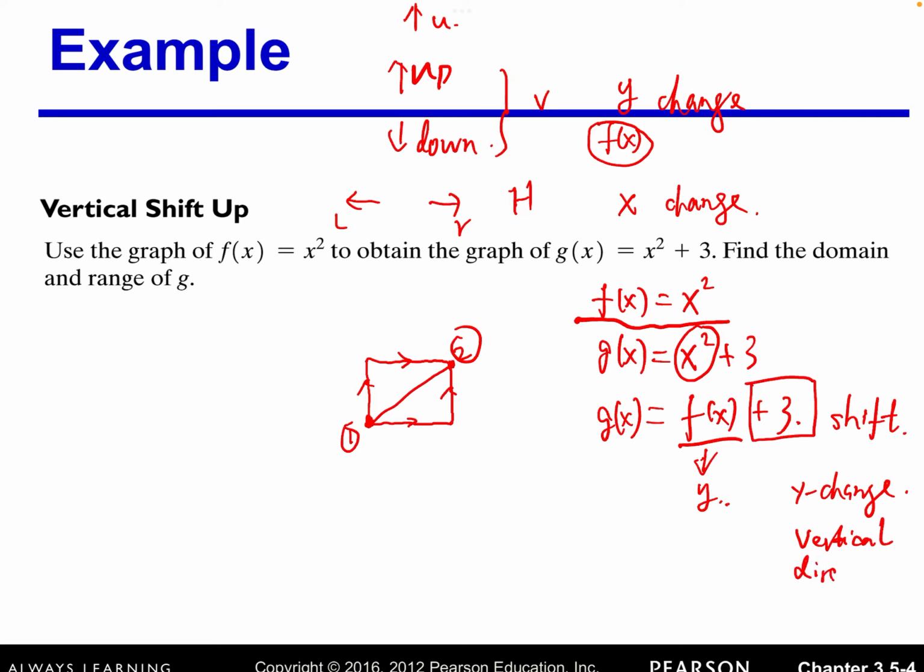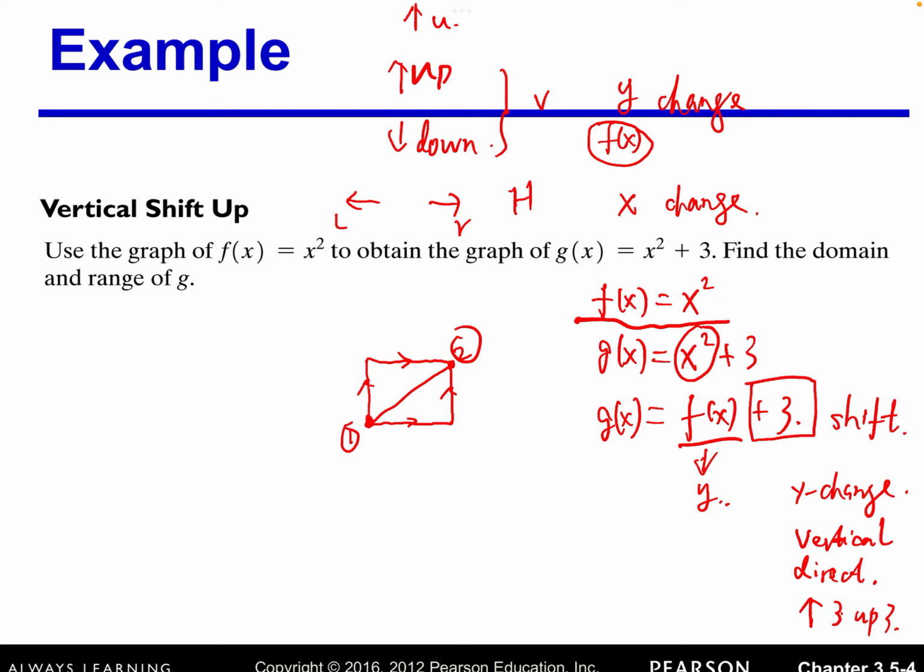It's a vertical direction shift, and a vertical shift is only either up or down. It's a positive number, so vertically shift up 3. Okay, up 3.